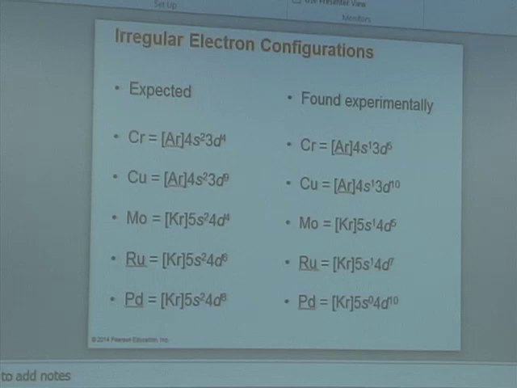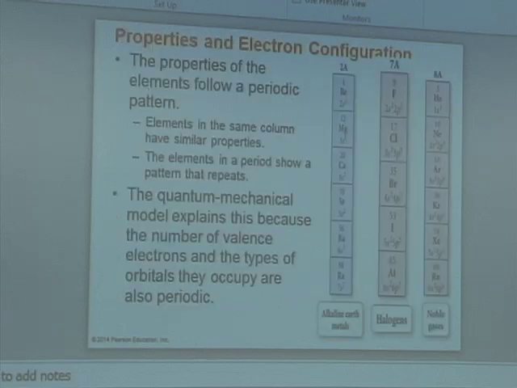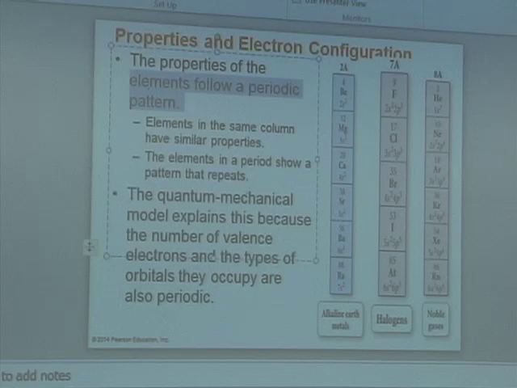So we have to make sure that our experimental data fits our theory, or that the theory aligns with the experimental data. Now, properties and electron configuration. Elements follow a particular periodic pattern, and elements in the same column, the same group, will have similar chemical and physical properties.